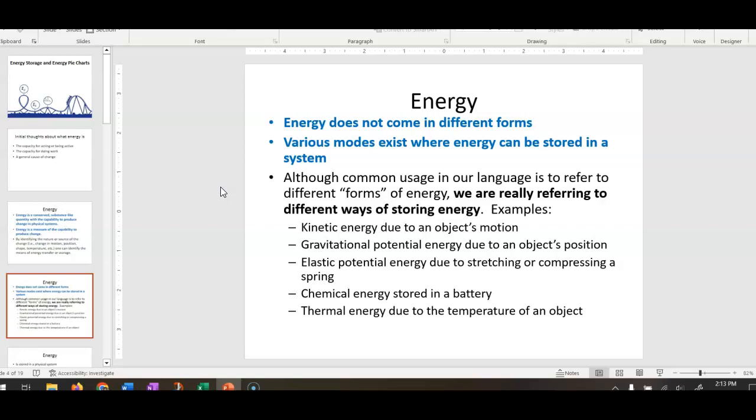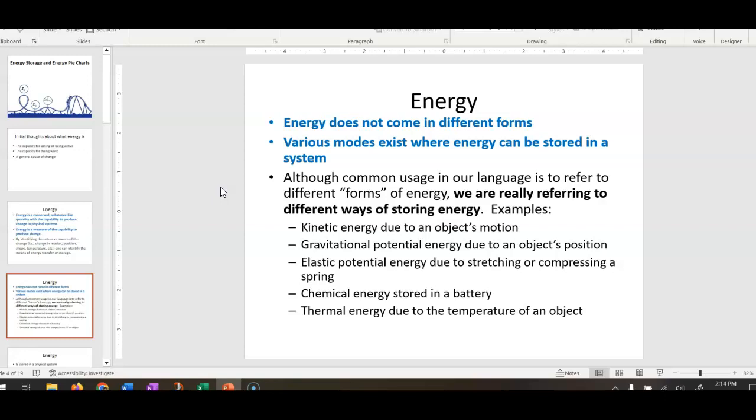The energy must be stored in a physical object, and what we are really talking about is the way that energy is stored. So when we talk about kinetic energy, that's energy that's obvious because of the object's motion.